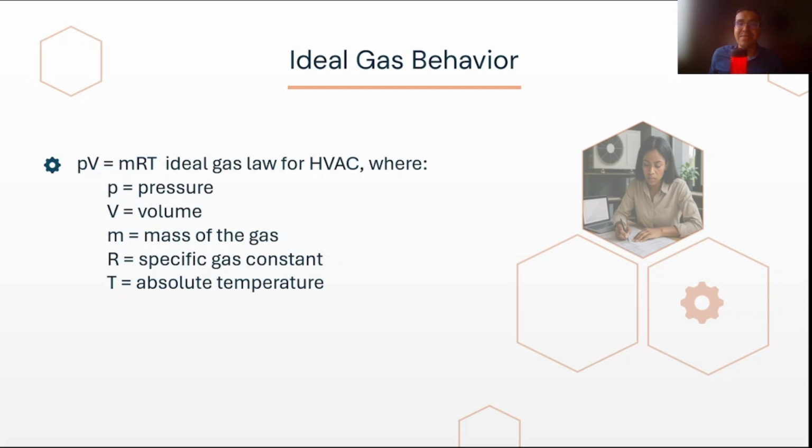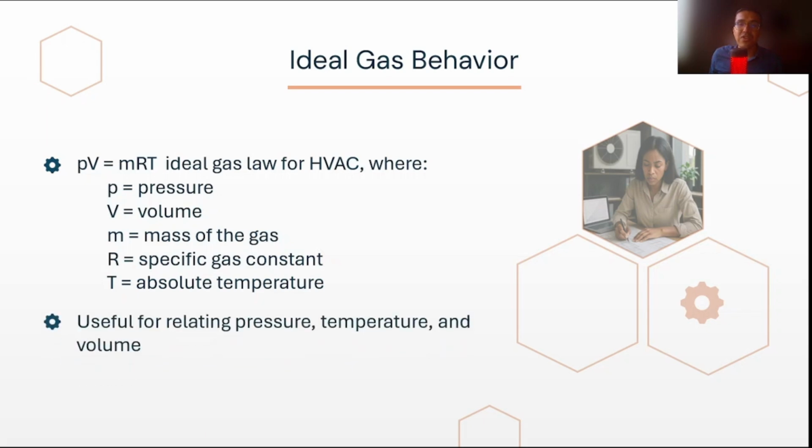This relationship allows us to connect pressure, temperature, and volume, key variables in any HVAC analysis. Since both dry air and water vapor behave like ideal gases, we can apply this law to each component of moist air, dry air and water vapor, enabling accurate modeling and system calculations.